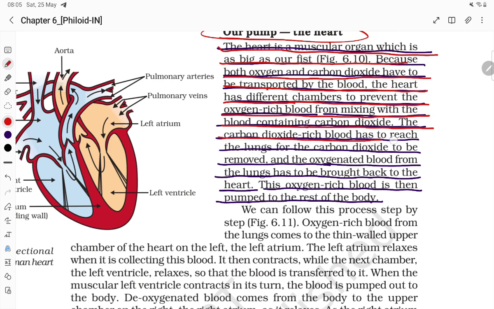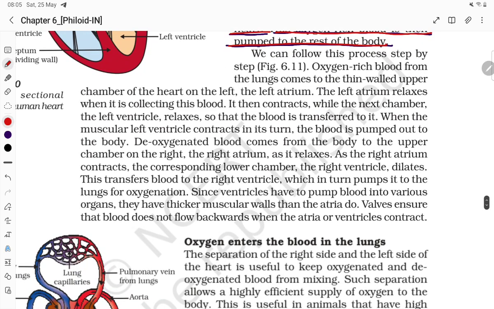The carbon dioxide-rich blood has to reach the lungs for the carbon dioxide to be removed, and oxygenated blood from the lungs has to be brought back to the heart. This oxygen-rich blood is then pumped to the rest of the body. We can follow this process step by step.